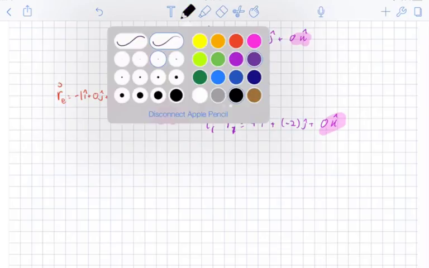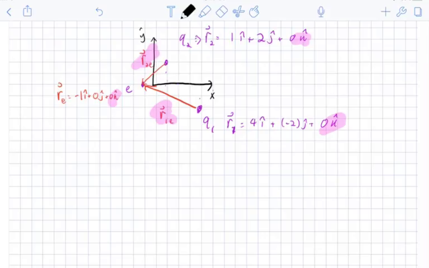All right, so we need to calculate R1E. And according to my description, that's RE minus R1. So you write each of these out. Minus 1 i hat plus 0 j hat plus 0 k hat, minus 4 i hat plus minus 2 j hat plus 0 k hat.